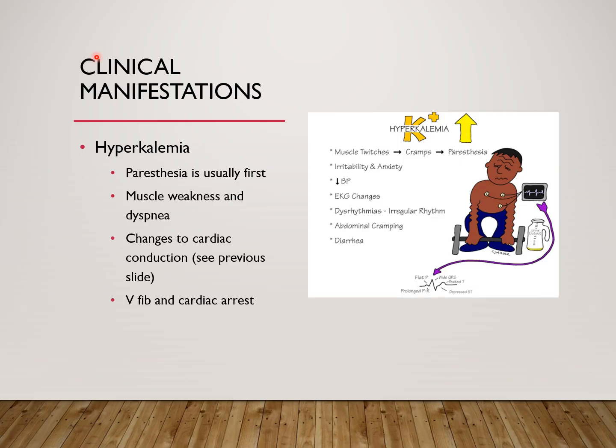Treatment really varies based on the degree of elevation of the potassium, as well as the symptoms our patient has developed. If they have high potassium with a lot of cardiovascular symptoms, we're going to be much more aggressive in treatment. One thing we can do to transiently reduce the cardiovascular impact of high potassium is to give calcium. Giving intravenous calcium can temporarily restore normal levels of cellular excitability.